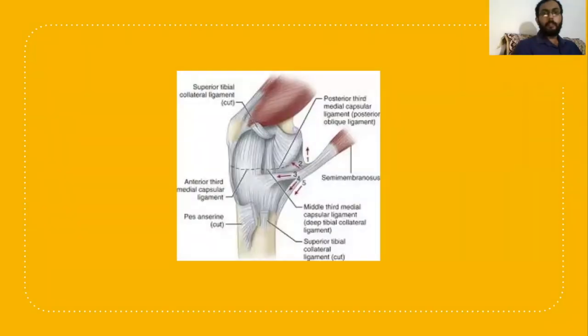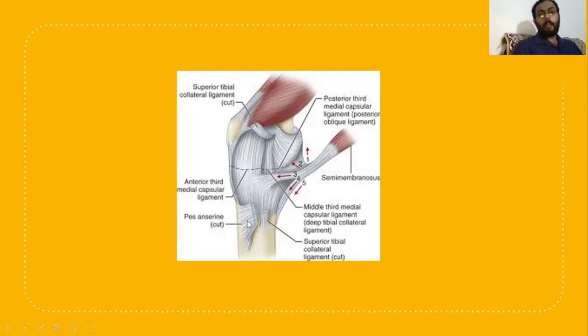Coming to the next picture, you can see the capsular ligaments. These capsular ligaments are deep to the collateral ligaments, and comprise both medial and lateral capsular ligaments, each divided into anterior, middle, and posterior parts.